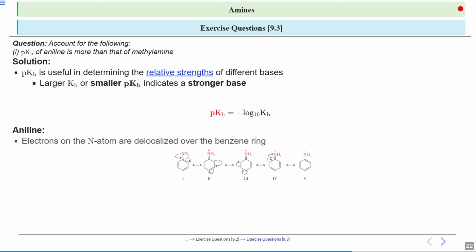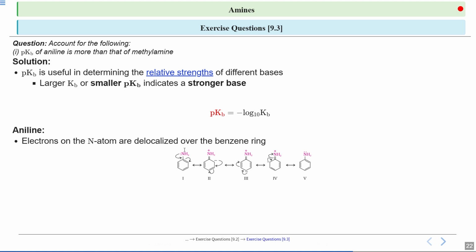That quantifies the strength of a base in a solution. Now if I talk about aniline, in aniline the nitrogen lone pair is less available for donation. Why? Because the electrons on the nitrogen are delocalized over the benzene ring, which reduces their availability for bonding or reactions. If you see over here, the lone pair on this nitrogen is delocalized over this benzene ring.